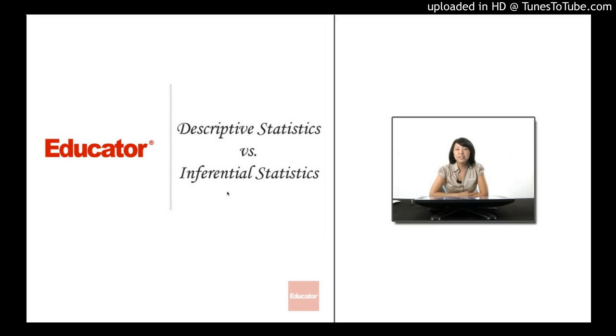Now we know that there is a mathematical relationship between conditional probability and probability.